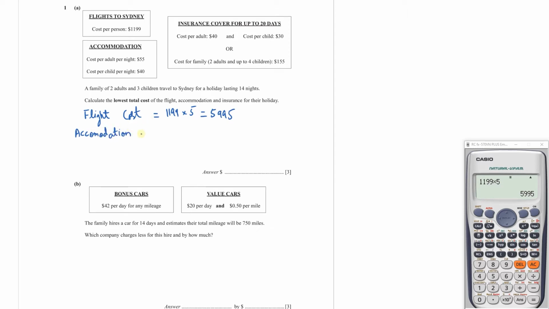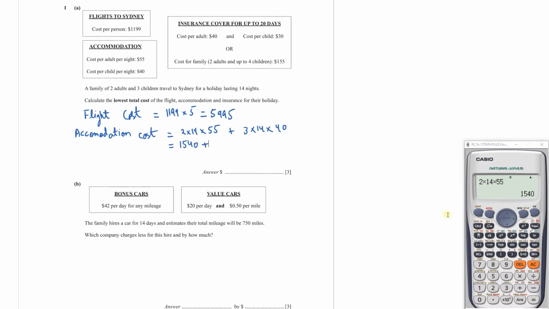Accommodation cost will be, it's 55 per adult per night. So there are 2 adults, 14 nights, and then 55 per night, plus 3 children, again 14 nights and 40 per night for the child. So this will be 2 into 14 and then multiplied by 55, and this equals 1540.